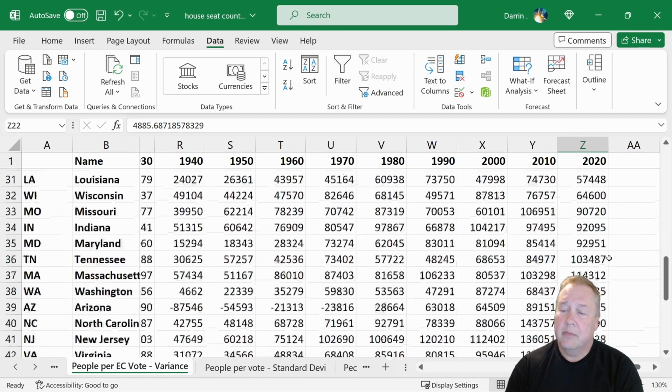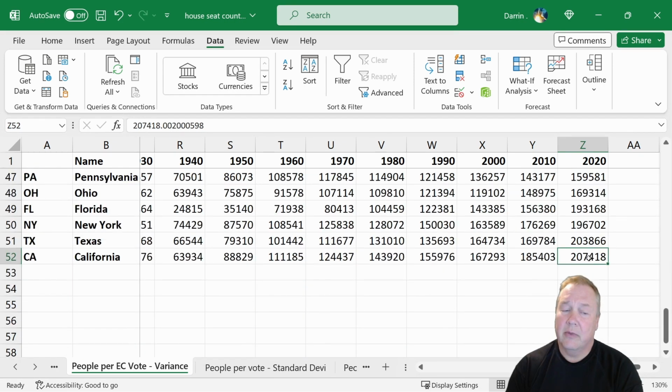And you get up here, you get up to Texas, California, New York, you're looking at a couple hundred thousand more people per electoral college vote. So, there's definitely some non-representative numbers here.